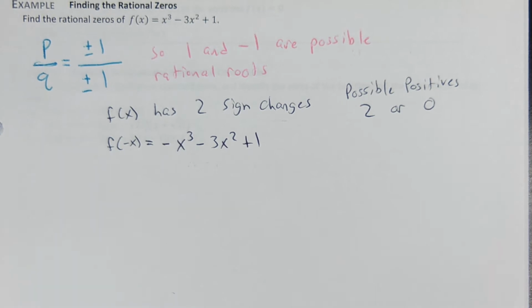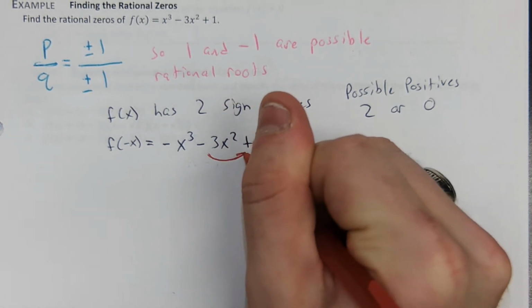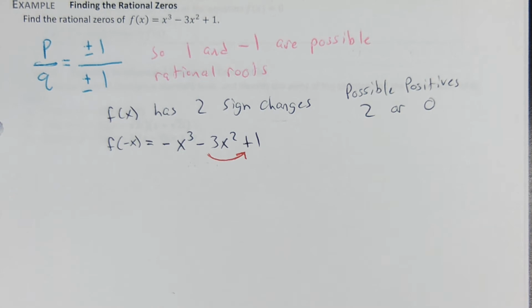Then we would count the sign changes we have here. Here's one from here to here, negative, positive. That is a single sign change. That means there's 1, or no, you don't have an option because you can't subtract 2 from 1.